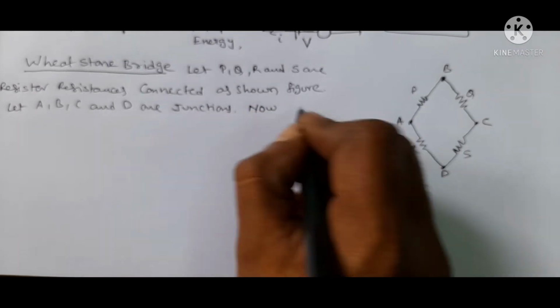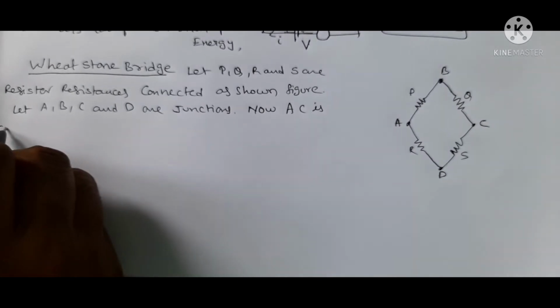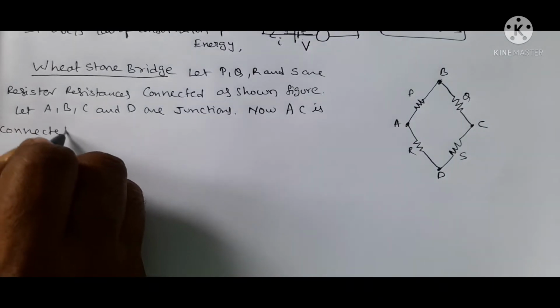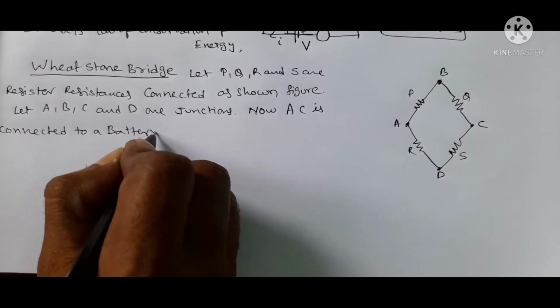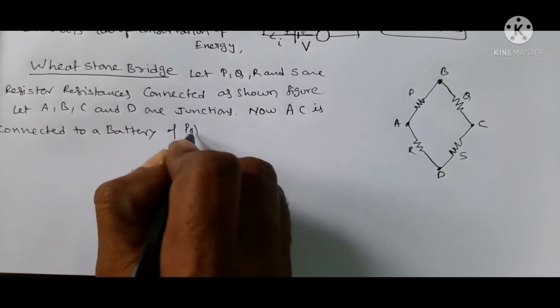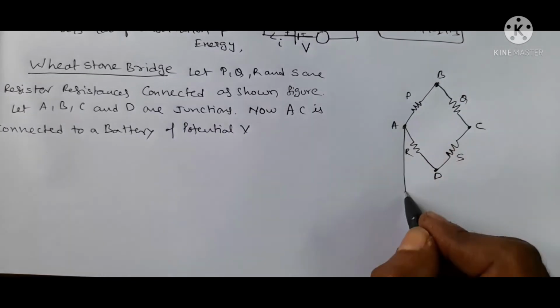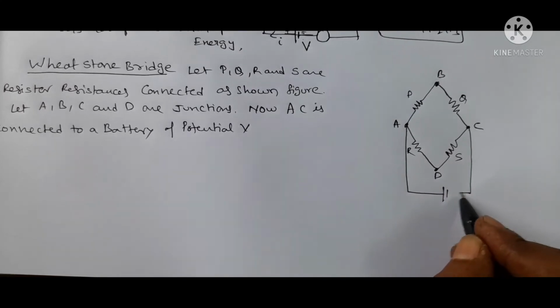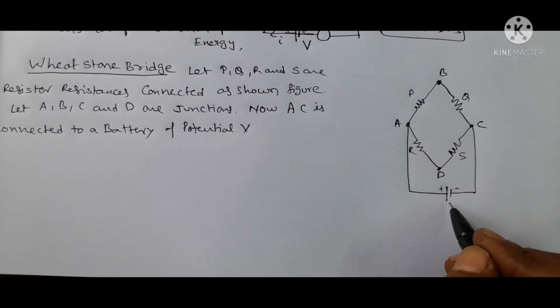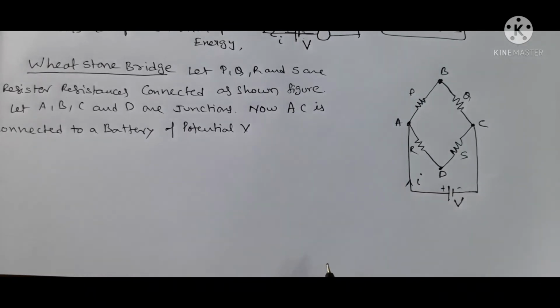Now AC is connected to a battery of potential V. Whenever the battery is connected, automatically the current will flow. So the current will flow like this, I.